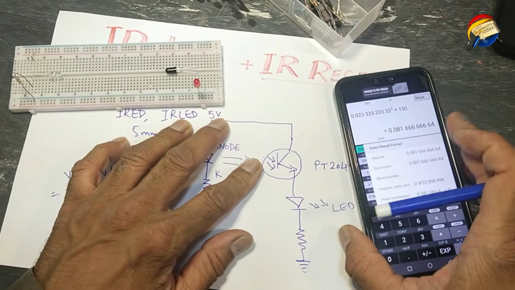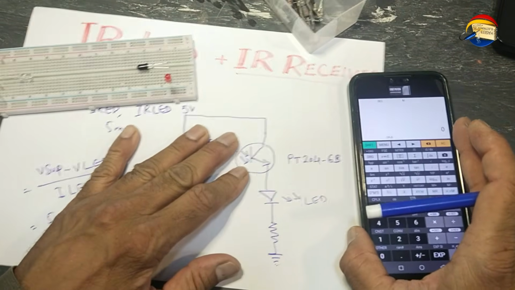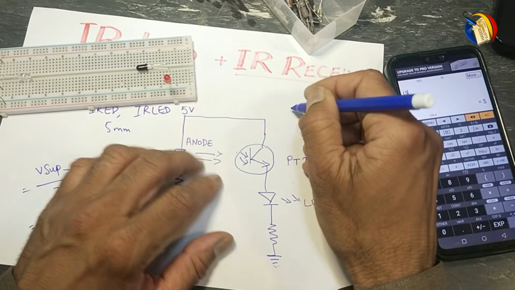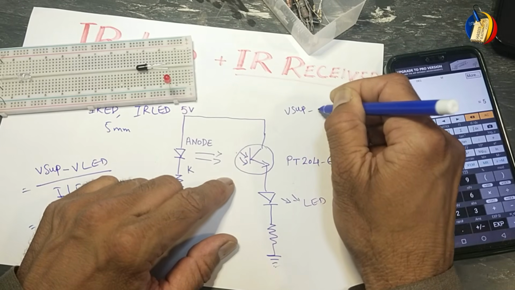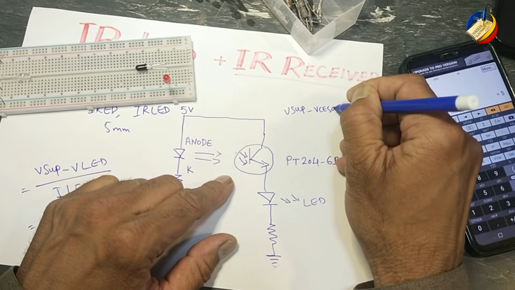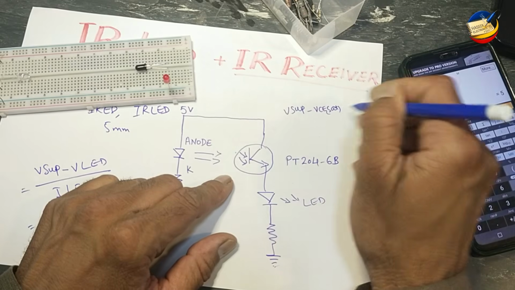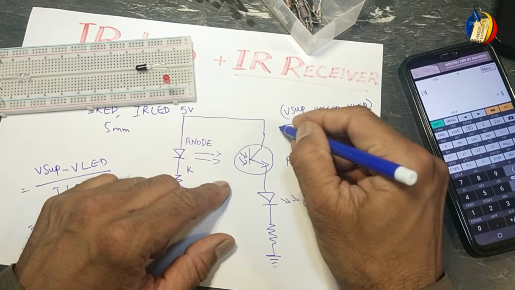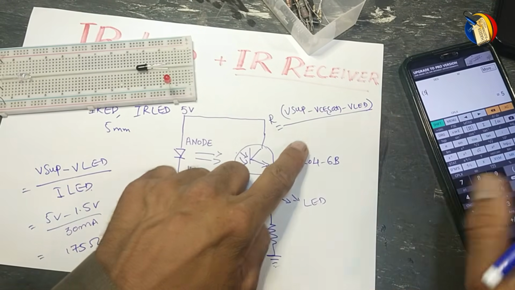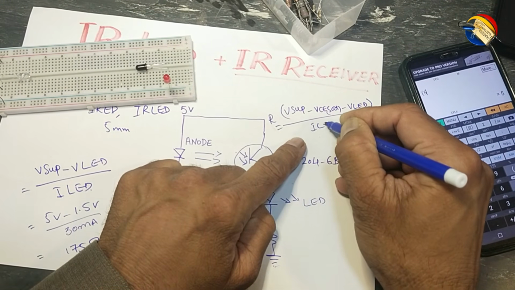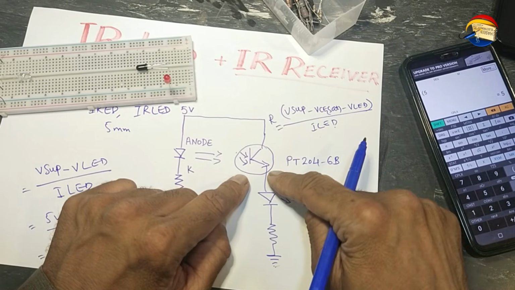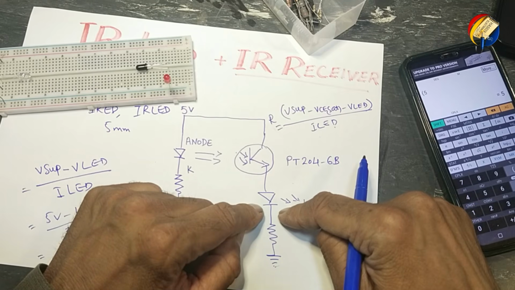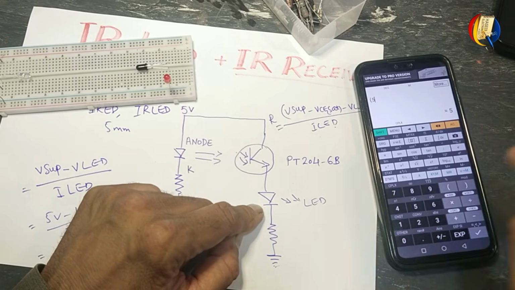Suppose I am using the same 5 volt power supply. V supply minus VCE saturation minus V LED. We want to know the resistor value for I LED. This transistor can handle a maximum of 20 milliampere current. Our LED also has 20 milliampere maximum current.